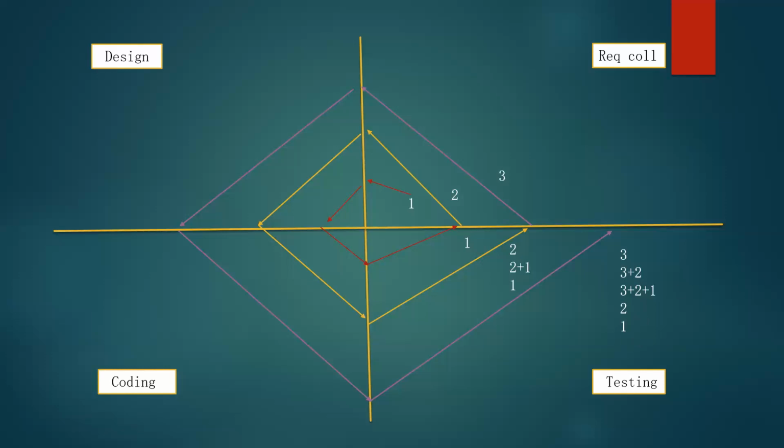This is your spiral model. It would look like a spiral, but here I was not able to draw a spiral, so I have put it this way. Hope you people understand. It keeps on going this way for each and every requirement the team gets. Any questions or doubts over here?